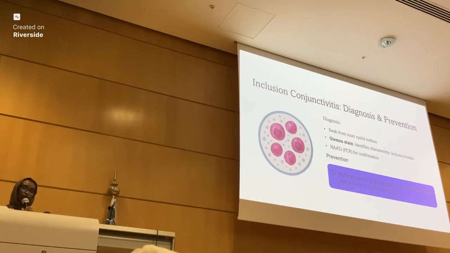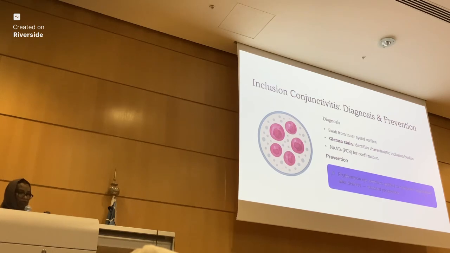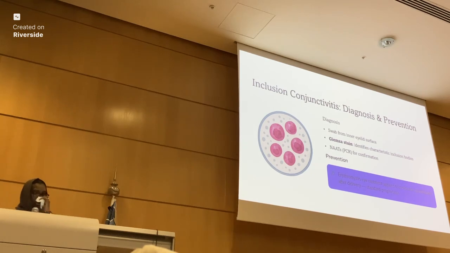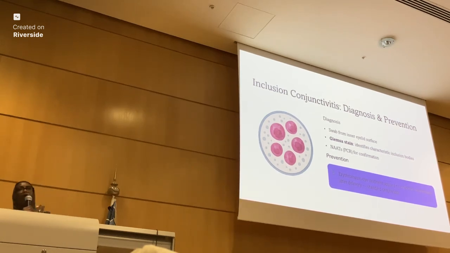You do Giemsa stain to identify the inclusion bodies. You also do a molecular technique, PCR. When it comes to prevention, as I said, you can use erythromycin, applied to the newborn immediately after delivery. This could be a standard prophylaxis if you are aware that the mother has STDs, okay?